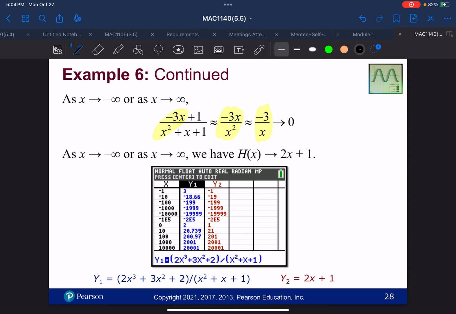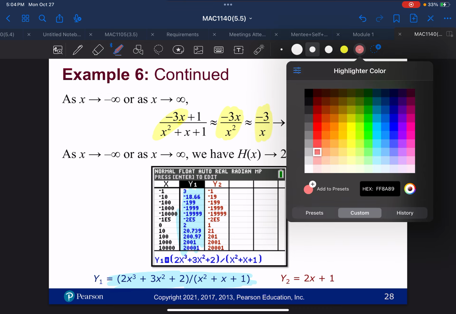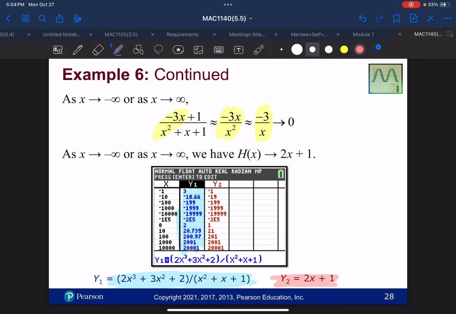Now in this graph here, we see that in blue, they have the original function that we started with, and they are showing us some output values for certain x values. And then in red, this is the oblique asymptote function, the 2x plus 1.